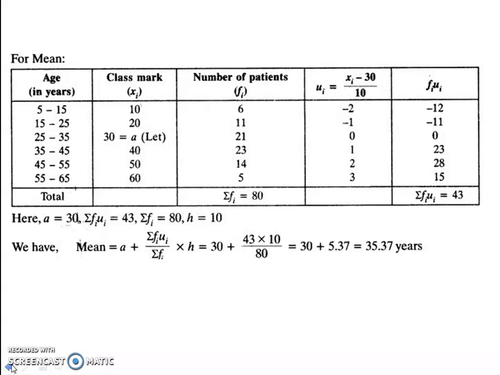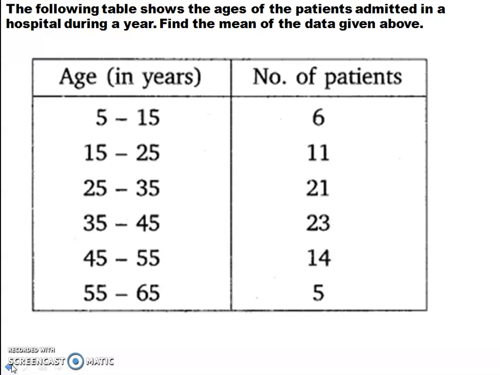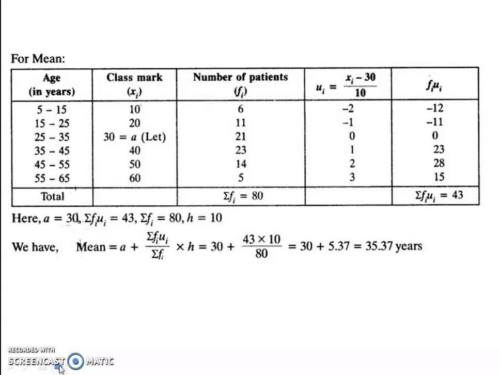What is the question? The following table shows the ages of patients admitted in a hospital during a year. Here you have two-digit numbers, so you will go for the step deviation method. The same explanation: the first step is to find the class marks.